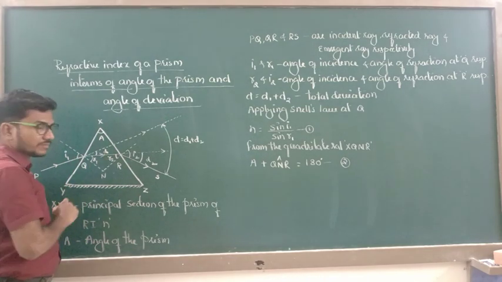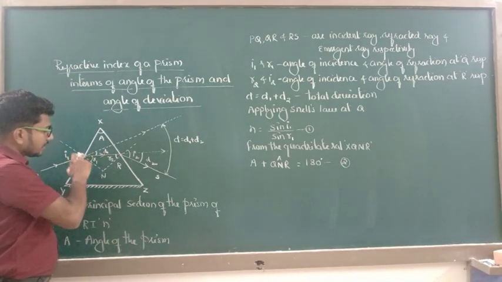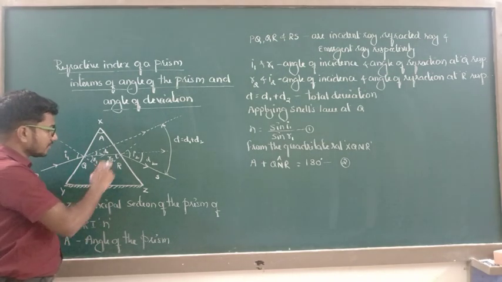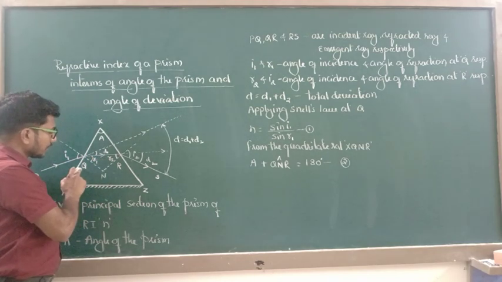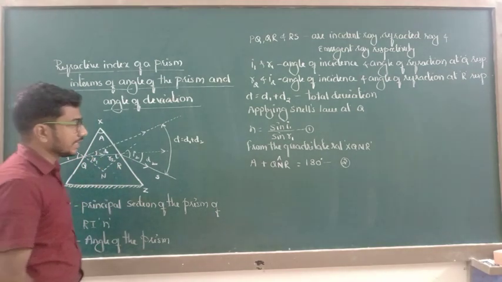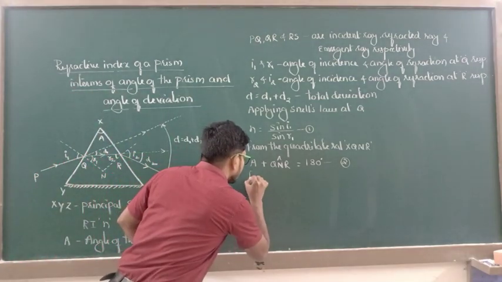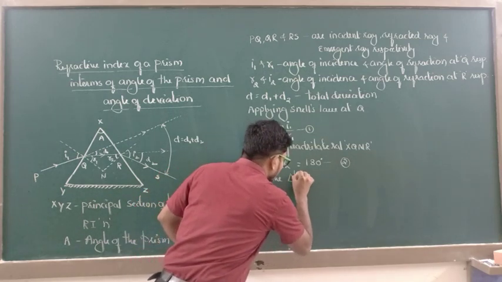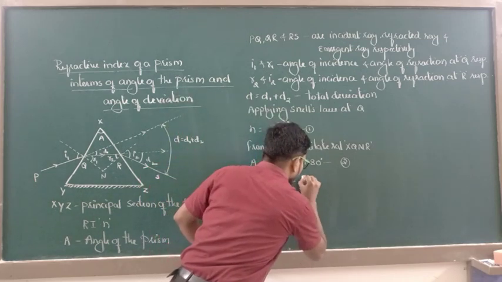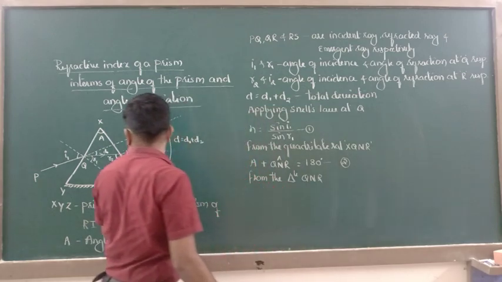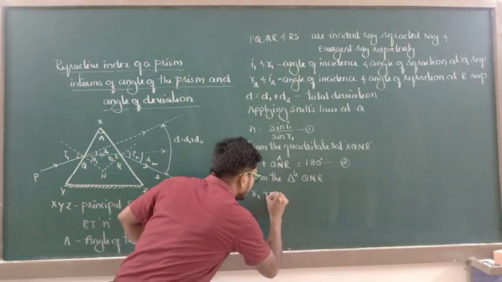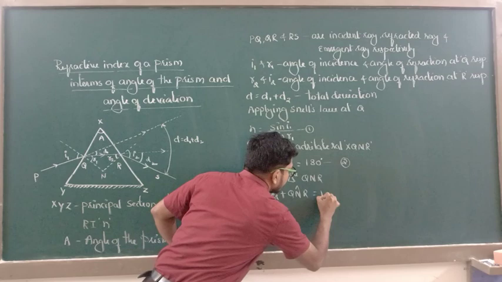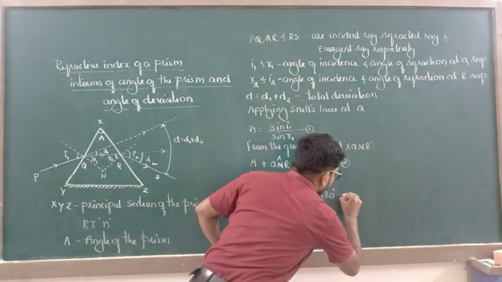That means R1 plus R2 plus angle QNR is equal to 180 degrees, equation number 3.